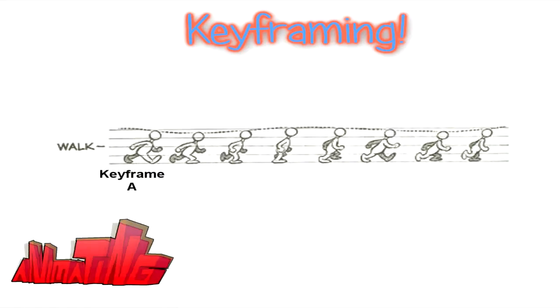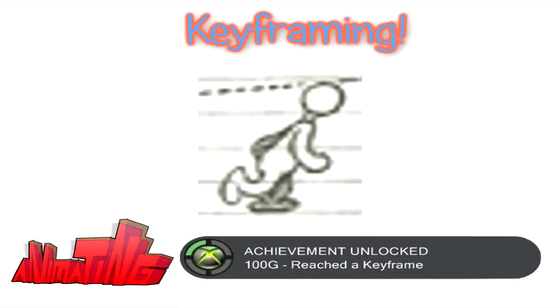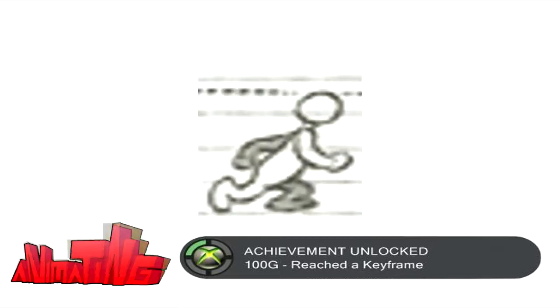It's like going from A to B, but to get from A to B, you have to make frames of animation. One frame, then that frame, then that frame, to get to the last frame. And that is about a smooth motion, like if he moves his arms up or moves his arms down to get from A to B. That's simply what keyframing is, and I do a lot of keyframing.